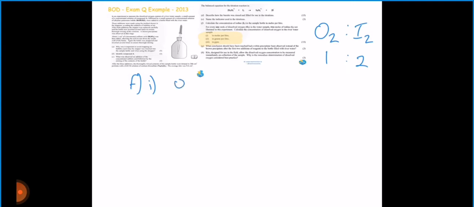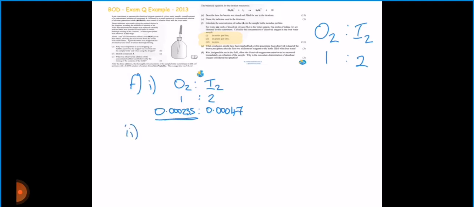So it's a 2:1 ratio, but we don't have 2 moles of our iodine. We have 0.00047. So you should divide that by 2 to find out how many moles of oxygen there is. And when you do that, you get 0.000235 moles of oxygen. So that is your answer there for part 1.